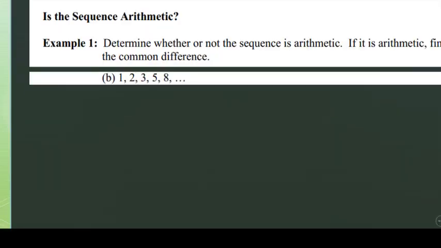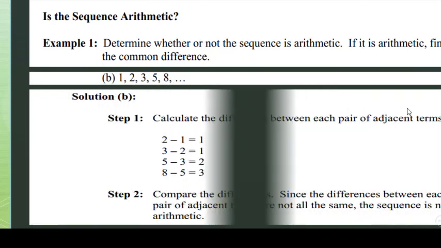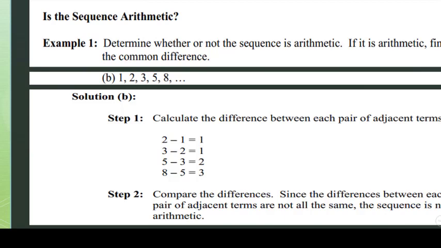Now, let's see the other one. 1, 2, 3, 5, 8, and so on. If you calculate the difference between each pair, you will find 2 minus 1 equals 1. 3 minus 2 equals also 1. While 5 minus 3 does not equal 1, it equals 2.